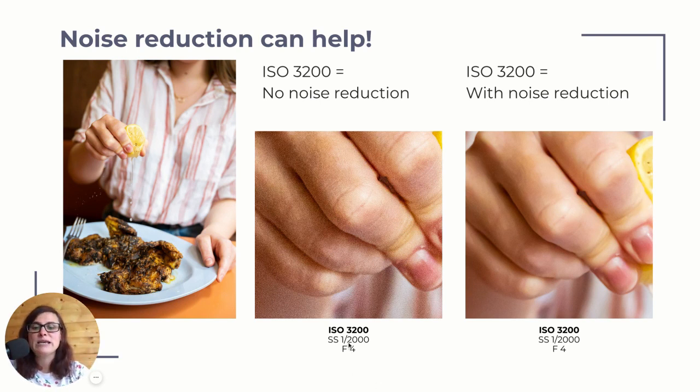My shutter speed here was 2000. So in order for me to have the right exposure, by setting a shutter speed that fast, I wasn't letting in a lot of light. So I had to increase my ISO to compensate the exposure and make up for the loss of light.